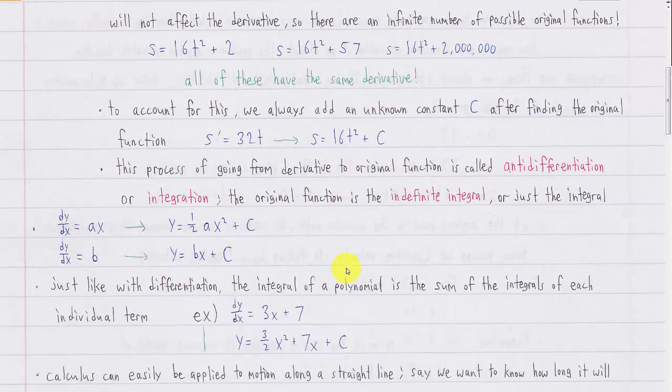And just like with differentiation, if we have a polynomial that is the sum of these types of functions, we can take the integral of the terms individually. So if we have 3x plus 7, to integrate that, we do each term individually. This one becomes 3 over 2 x squared, and this one becomes 7x. And then plus c.